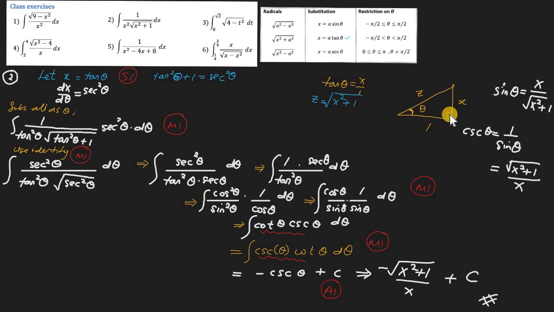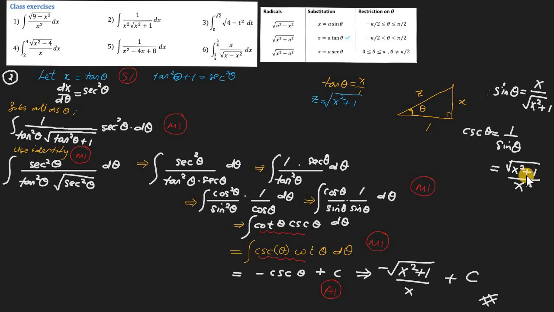So using your definitions of trigonometry and the Pythagoras theorem, we said just now tangent theta is x. By definition, tangent is opposite over adjacent. We need the hypotenuse side. Applying the Pythagoras theorem, the hypotenuse, I call it z, is the square root of x squared plus 1. Because we need cosecant, and cosecant is 1 over sine, and sine is opposite over hypotenuse, cosecant is the reciprocal of the sine.